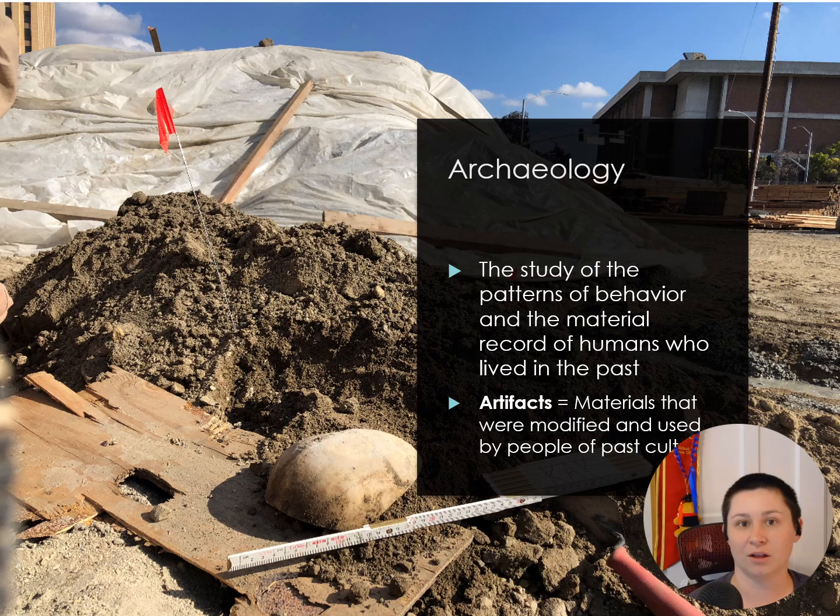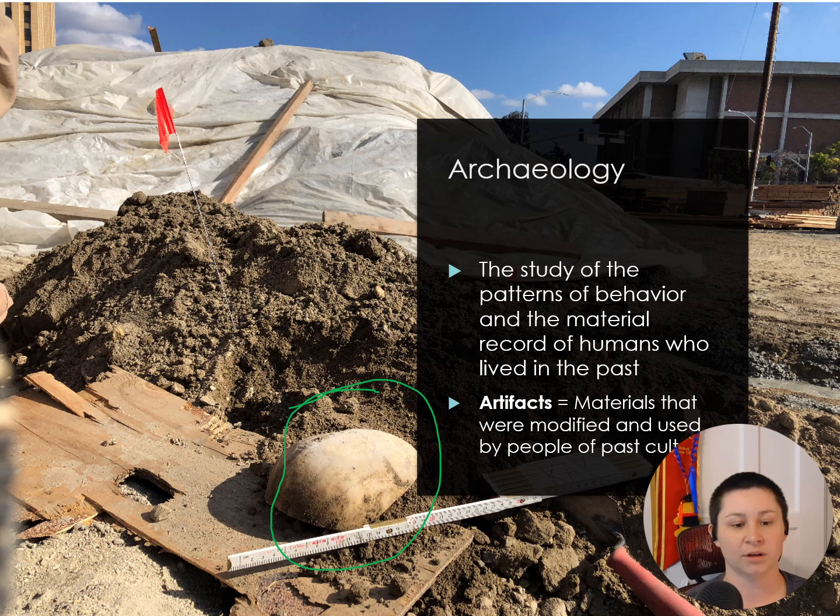Then we have archaeology. This is the study of the patterns of behavior and the material record of humans who lived in the past. So they do this by studying artifacts and human remains. I really like this photo because there's actually a human skull in this photo. So this is the top of a human skull found at an archaeological dig site in, well, this is a construction monitoring site.